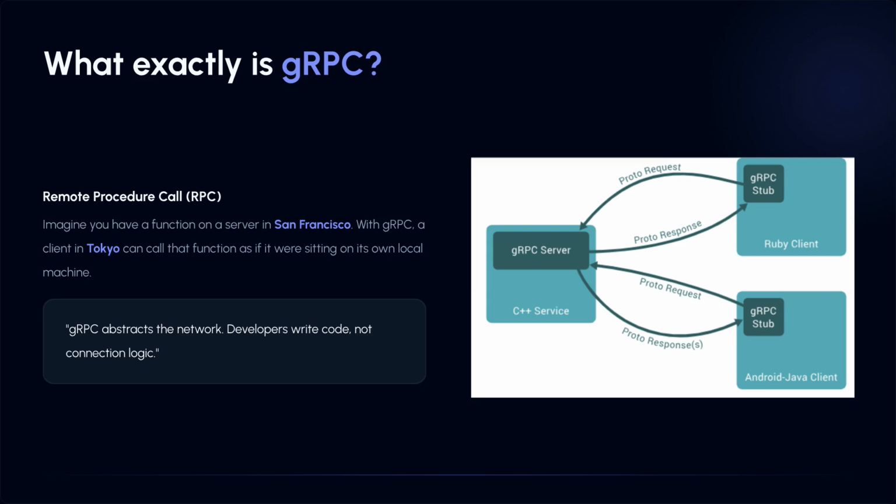The framework handles all the networking complexity behind the scenes. That's why RPC stands for Remote Procedure Call. You're calling a procedure on a remote machine. In simple terms, gRPC allows developers to focus on business logic instead of connection logic, and that's one of the biggest reasons developers love it.